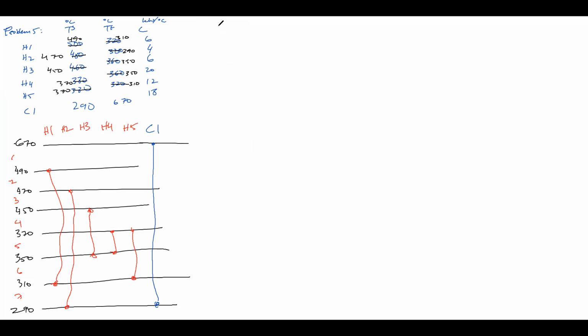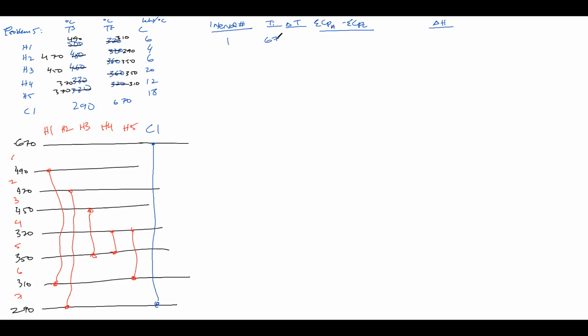So I have interval number, my T initial, my delta T, summation of CP hot minus summation of CP cold, and my delta H at the end. Let's write interval 1.